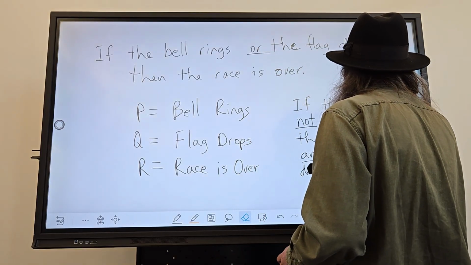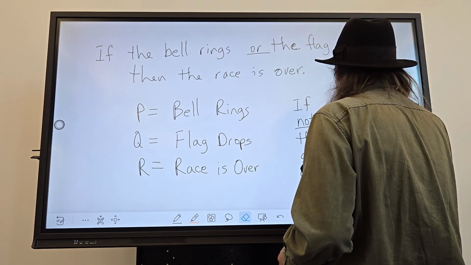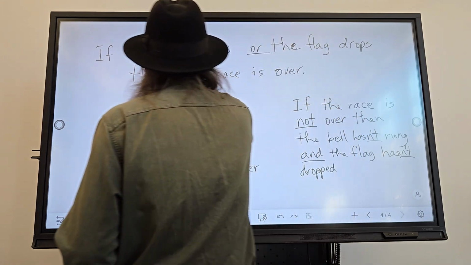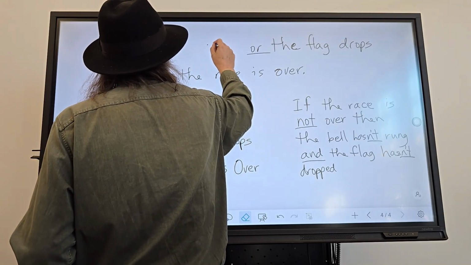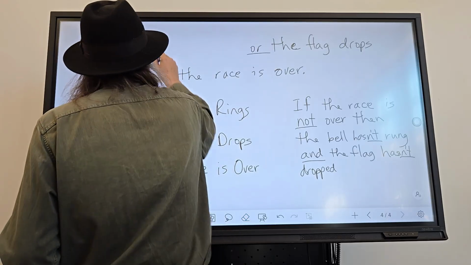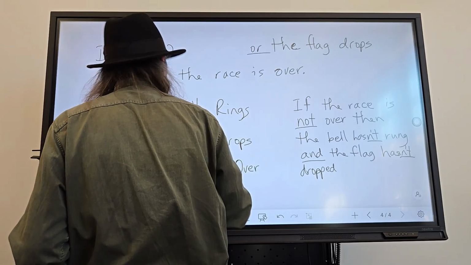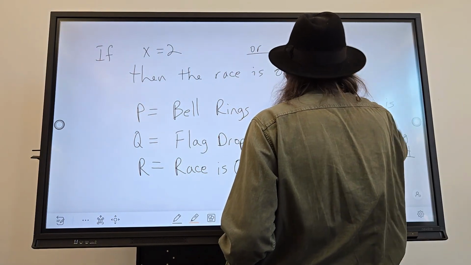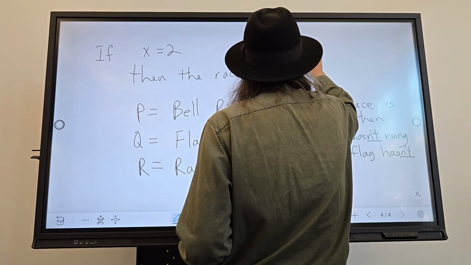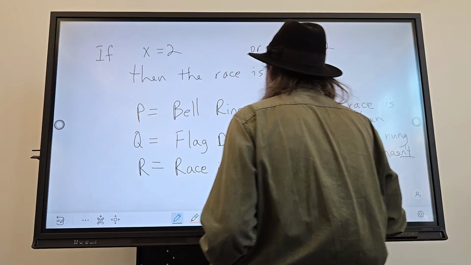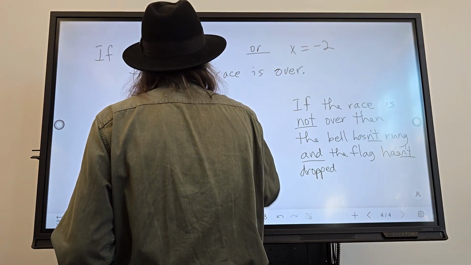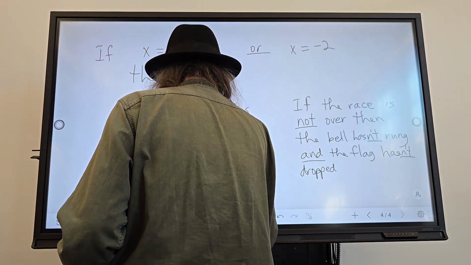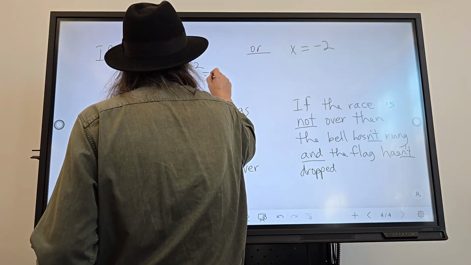Let's say if x equals 2 or x equals minus 2, then x squared equals 4.